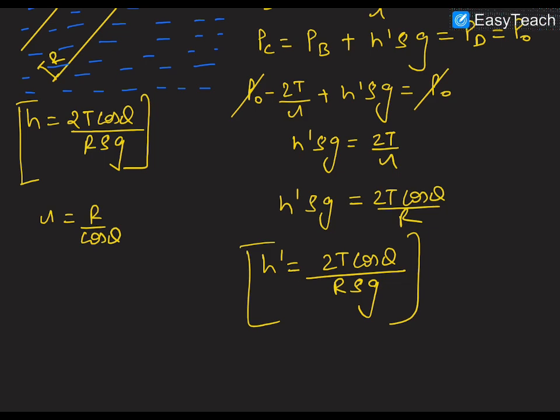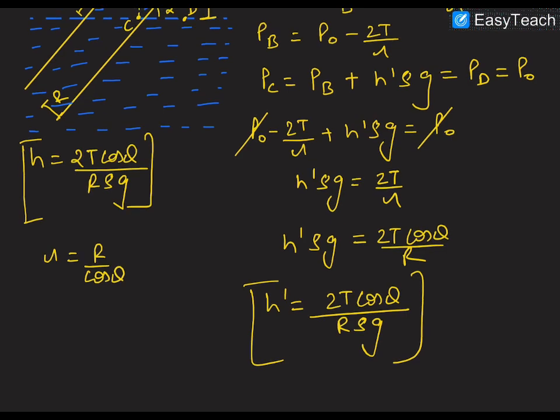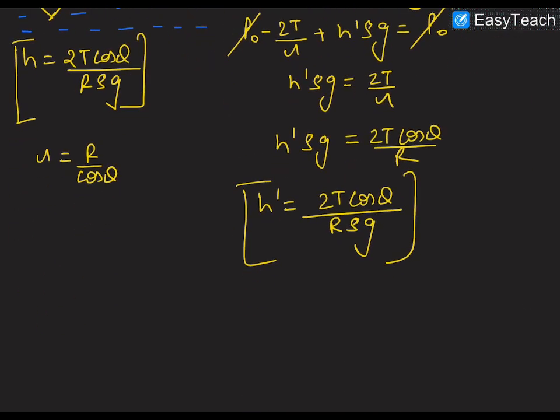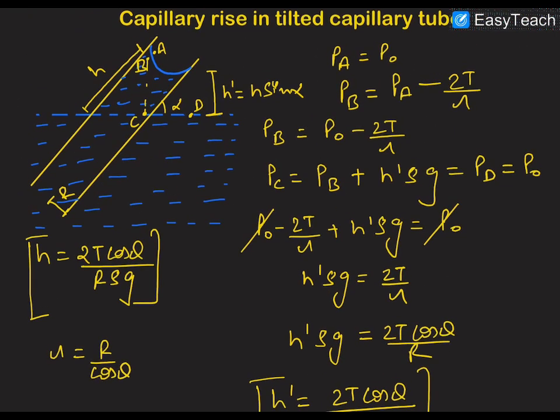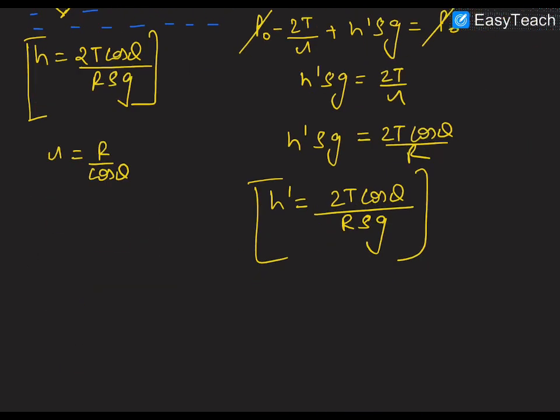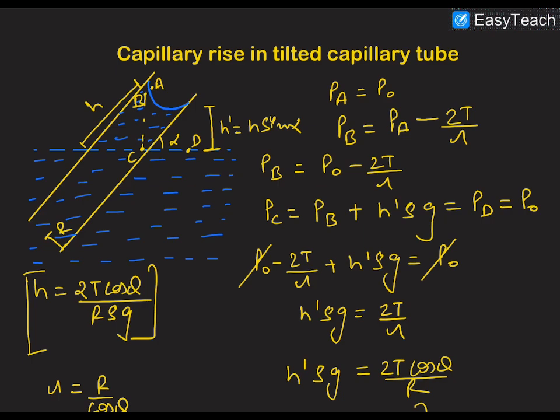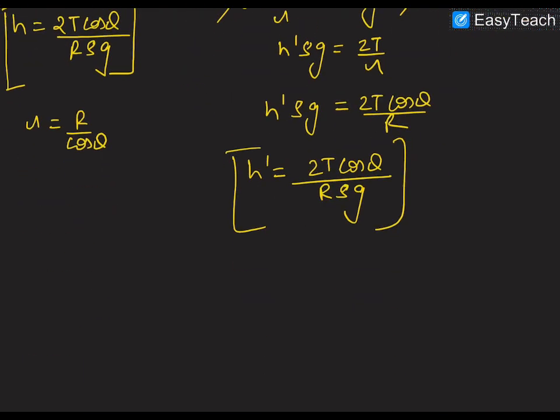This is the vertical height. It is very important to note that this vertical height still remains the same. But if we talk about the height along the tube, this h, then we can say that h dash is h sine alpha, and therefore we can substitute the value of h dash here.